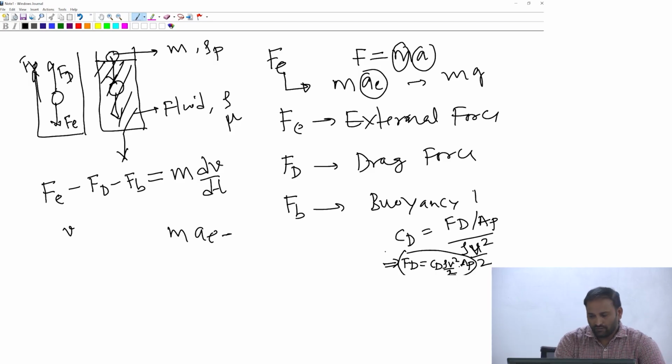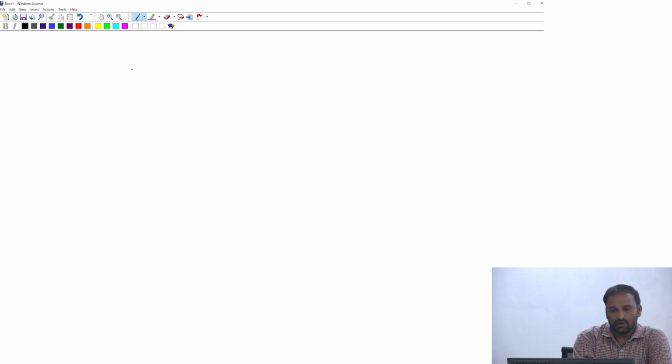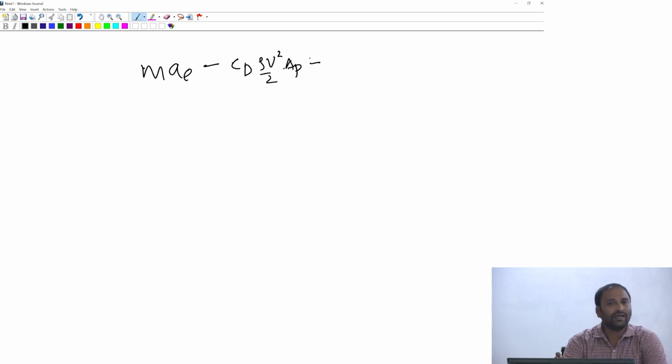Therefore, I can substitute these in the expression and write m times Ae minus CD times rho v square by 2 times AP minus Fb, the buoyancy. This you actually obtain from the Archimedes principle.